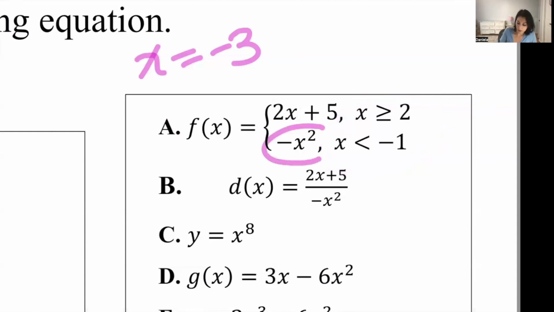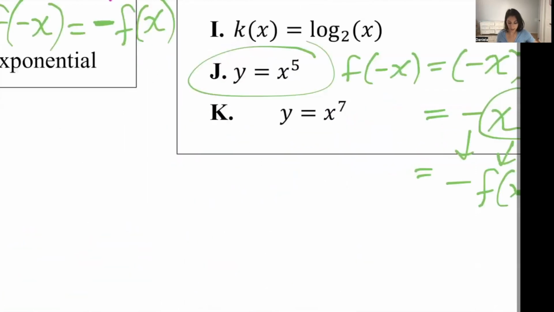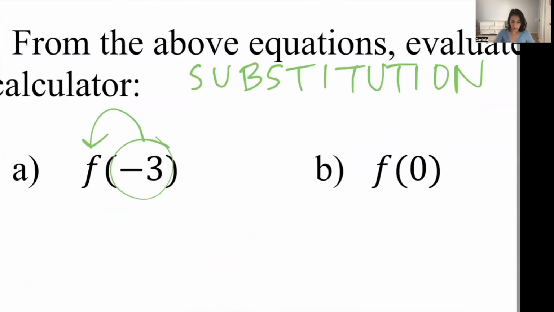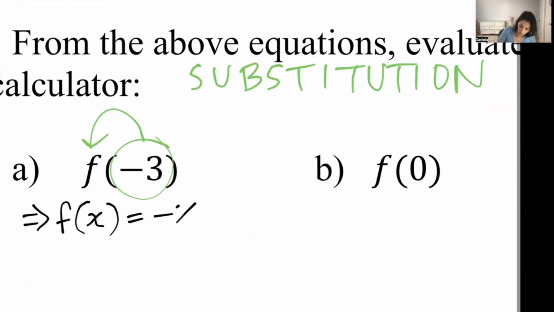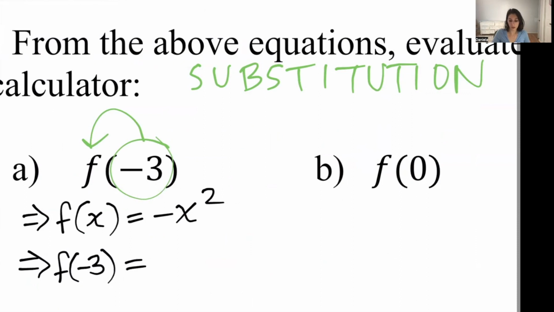So remember, this is the function. I'm going to write down f of x is equal to negative x squared, right? Now we are substituting negative 3. Be careful, whenever you substitute, I always like to tell people, you always hug the parentheses around the x.